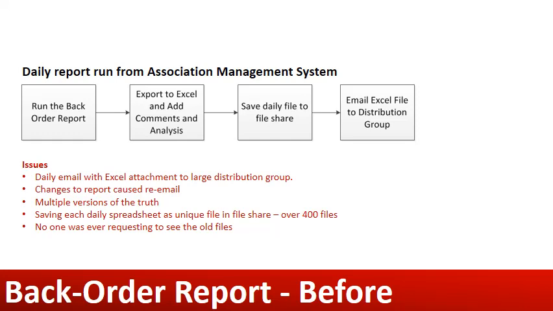Can they guarantee that what they're looking at is the most current version? And by saving each spreadsheet as a unique file in the file share, they had over 400 files. And I asked him a question: did anybody ever request to see an old version? And he said no. I'm like, okay, so that's something to think about. So he was just saving it to be on the safe side. He had 400 files to be on the safe side.